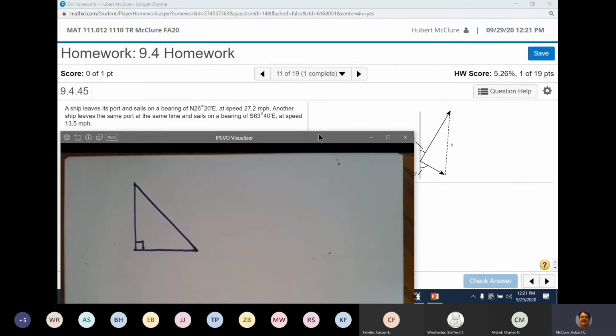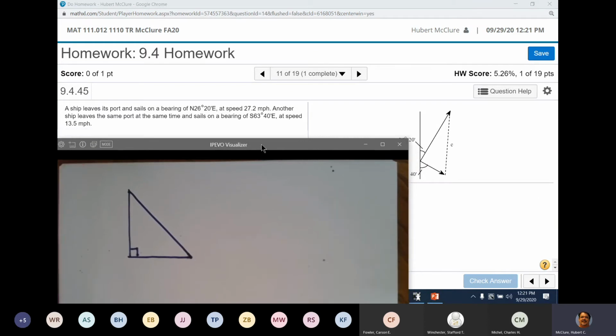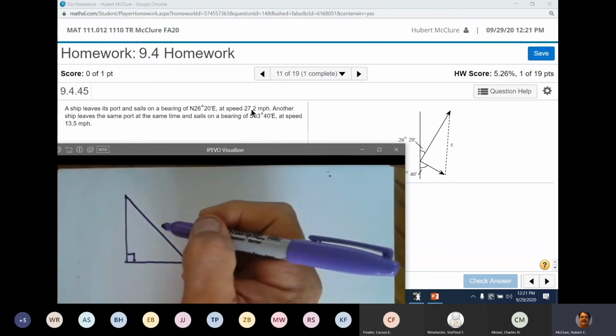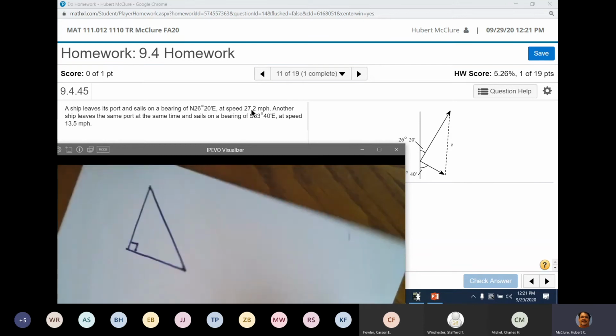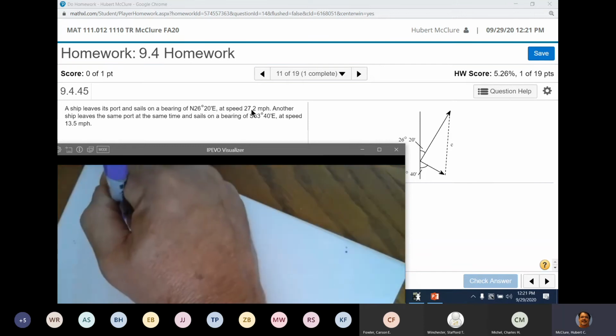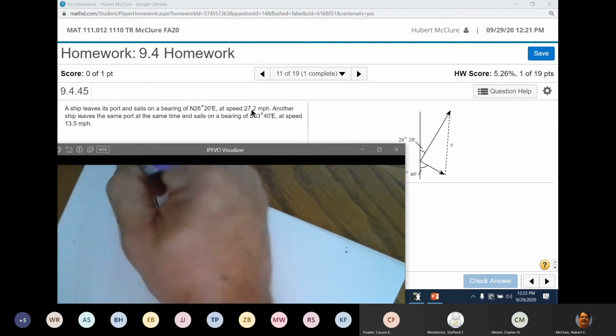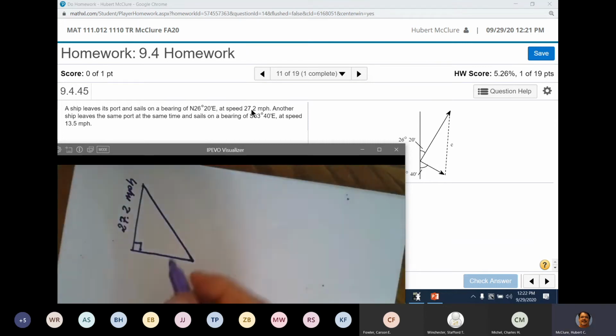One boat is leaving out at 26°20', heading out at 27.2 miles per hour. The other one is heading out at 13.5 miles per hour.